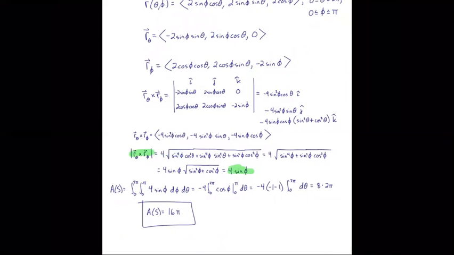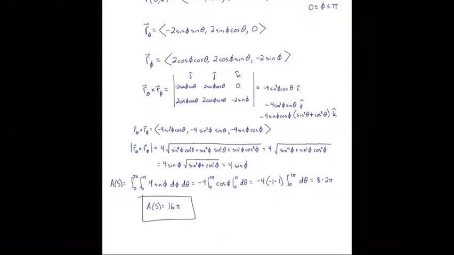So with 4 sine of phi as the magnitude of the cross product of these two vectors, we can plug that function now into our integral over the region D, which is the rectangle 0 to pi and 0 to 2 pi. It can be seen as a rectangular integral since those are all just constants.